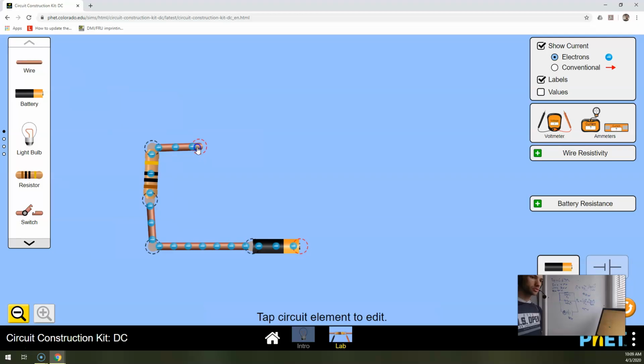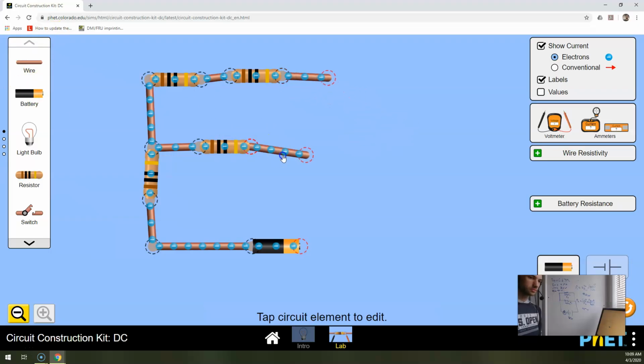It's going to include a parallel resistor, parallel meaning it has a choice which one it wants to go through. It's going to include two series resistors that are in parallel with this resistor. That's it. Here's my super complicated circuit.